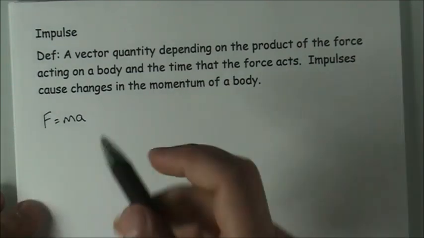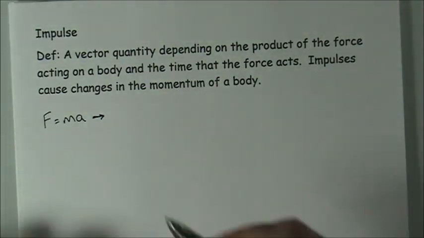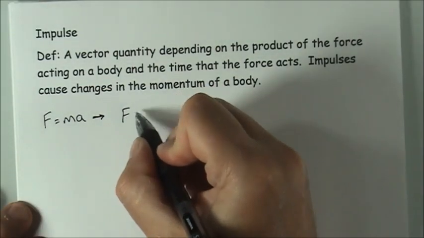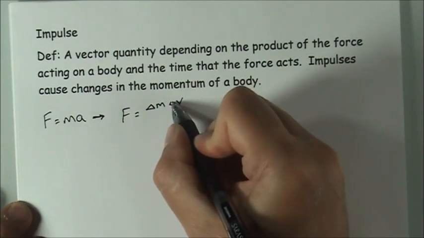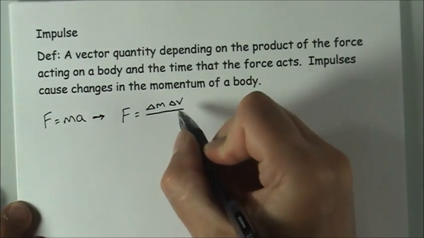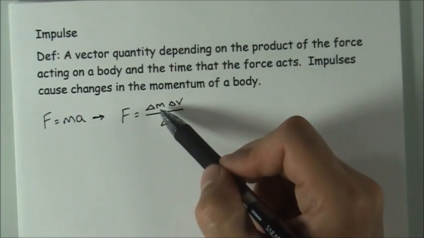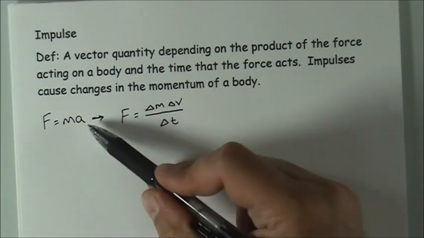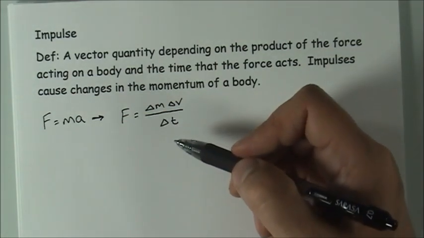Newton expressed it in a slightly more complete way: F was equal to the mass of the object, the change in velocity, which is hidden in the acceleration, and the change in time.